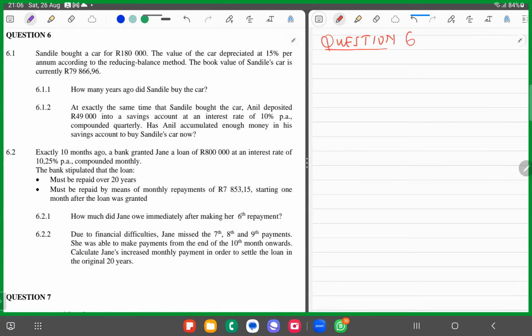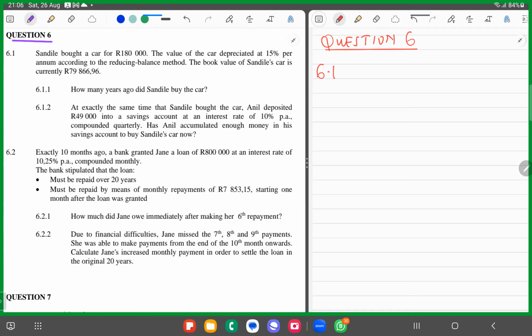Okay, question 6 is about what? More learning, more graphs. It's about Sandile. Now, question 6 is about Sandile, and Sandile is very exciting.